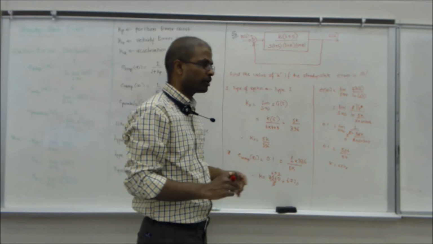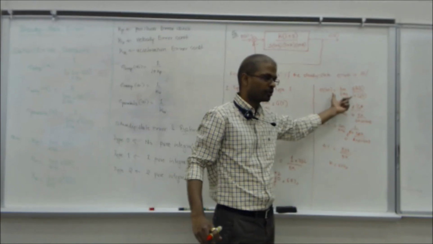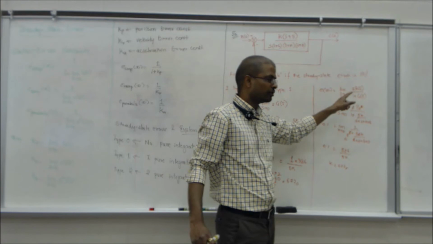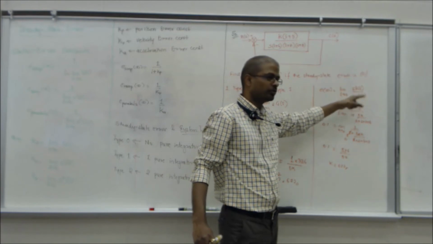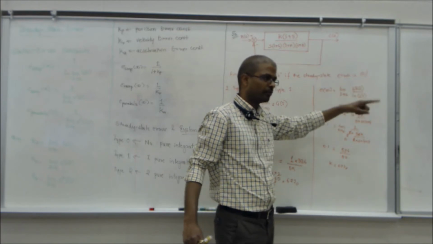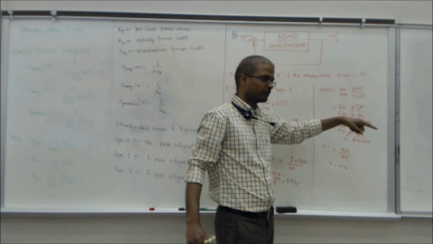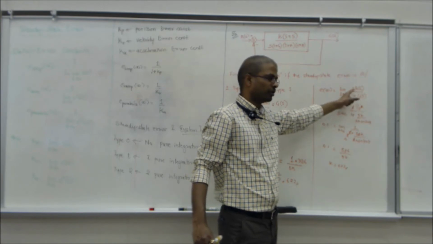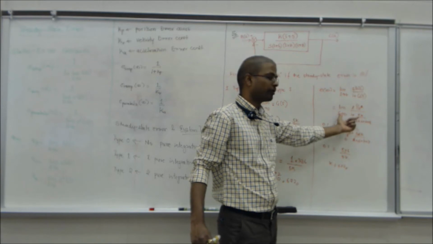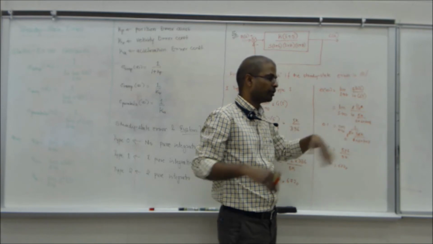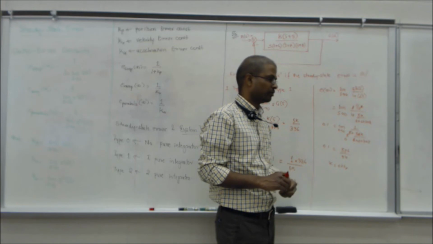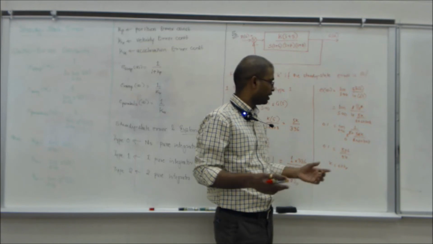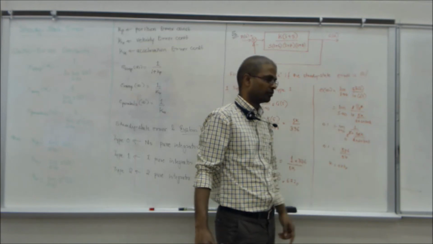If you don't remember that, you can go by first principles and substitute R of s equal to step, ramp, parabola. If you put a step input here, it ends up being 0, so you eliminate that and then go to the next one.